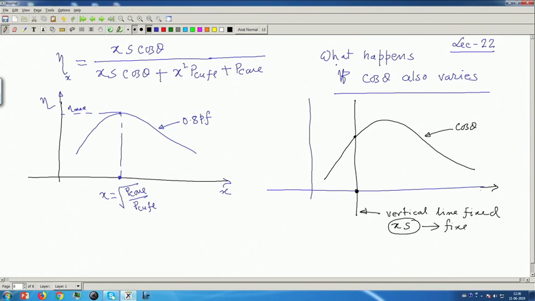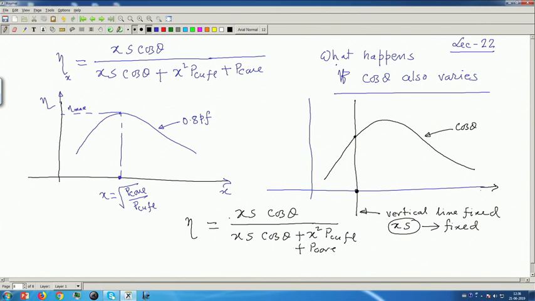I am now not going to vary x, but vary theta in this expression. Got the point? That is what I mean. Efficiency is now x S cos theta divided by, for a given kVA, x S cos theta plus x square P_CU full load plus P_core.